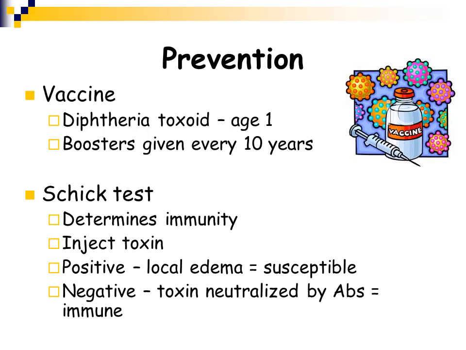If there is no swelling, because the toxin is neutralized by the antibodies in the person's body, then that person is immune. So that's a very quick test that is not commonly done in the United States, since in the U.S. usually you can't go to most schools without showing proof of having the diphtheria vaccine.